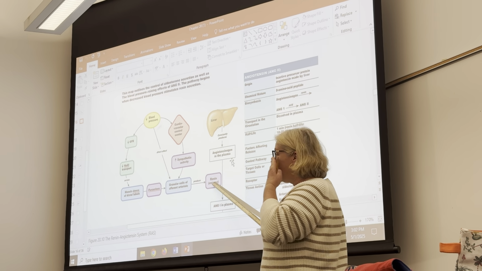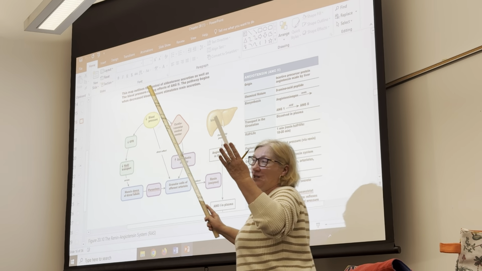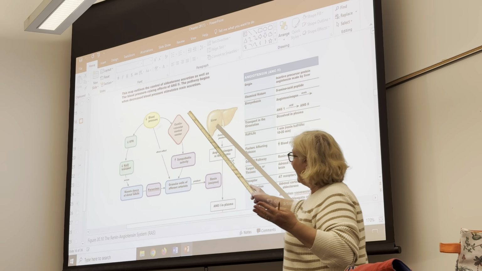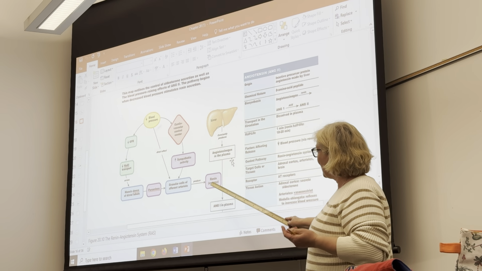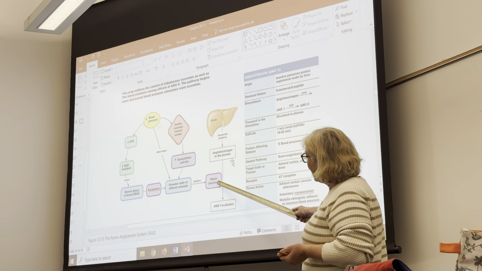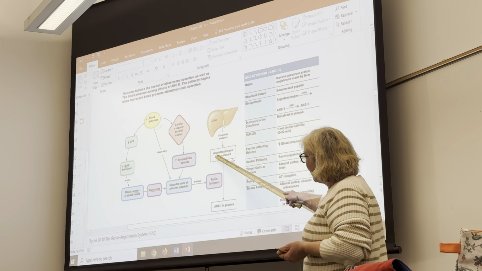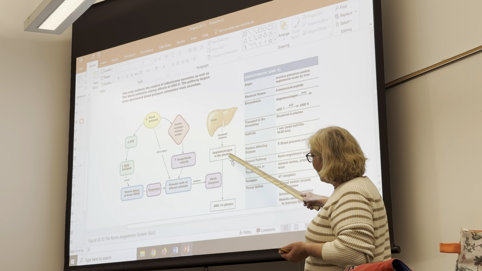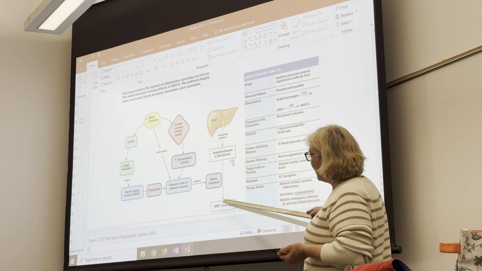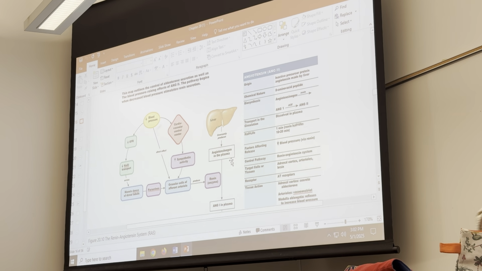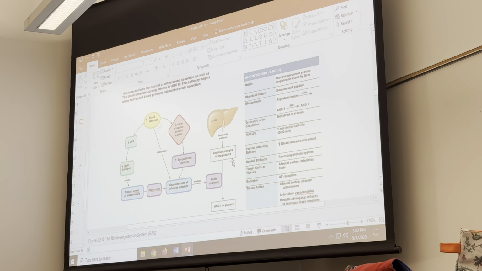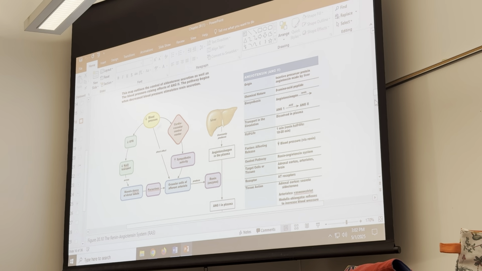The renin is released when the pressure is low. That's a long way to get there, but that's what happens, right? The pressure is low, renin is released. And when the renin is released, it converts plasma angiotensinogen into angiotensin 1. And then we have to go a little bit lower on my slide here.